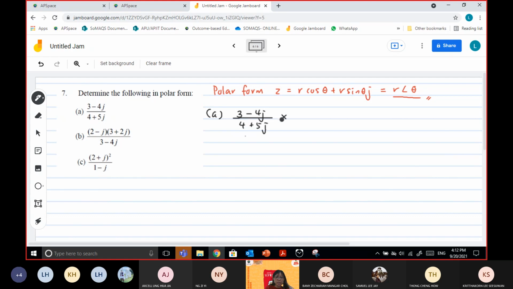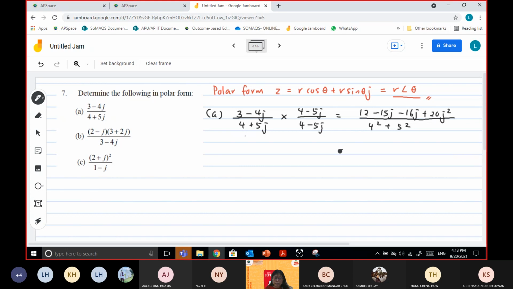As usual, you multiply by the conjugate, so 4 minus 5j over 4 minus 5j. Then we just expand it as usual. The bottom is 4 squared plus 5 squared. At the top, 12 minus 15j, then minus 16j, then plus 20j squared.